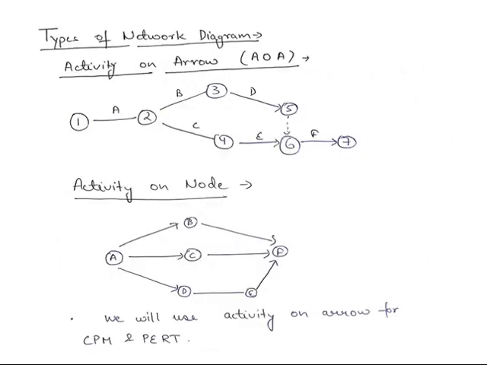As I told you, a network diagram has two types, based on activity on arrow or activity on node.